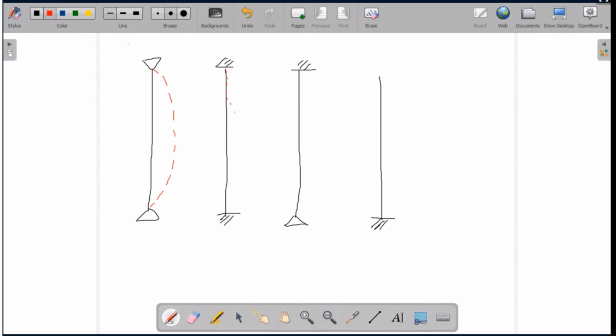We expect that the deflection of the column is pretty much like this.